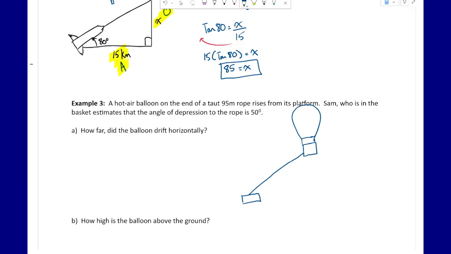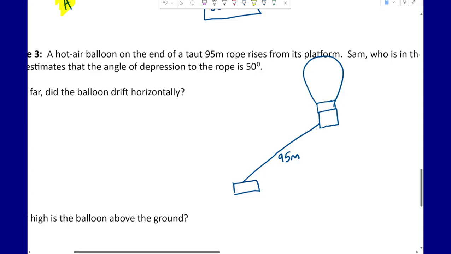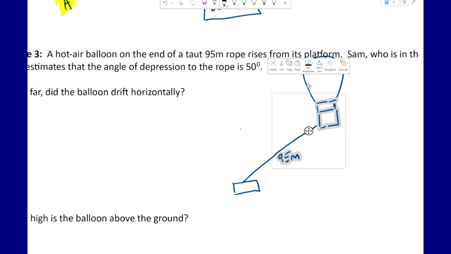We know that the rope is 95 meters long, and Sam, who's in the basket, estimates that the angle of depression to the rope is 50 degrees. So because an angle of depression is a downwards angle, we should be looking from a horizontal, which we'll draw in a dotted line.